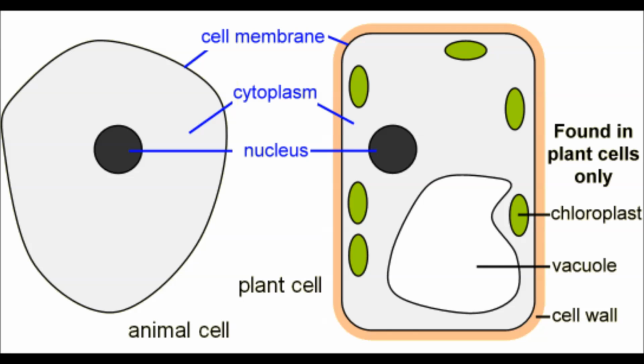And it keeps the cells of the plants from overexpanding and popping. Like if the vacuole just kept building up more and more water, if it didn't have that cell wall, it would just kind of pop, and it would just explode.